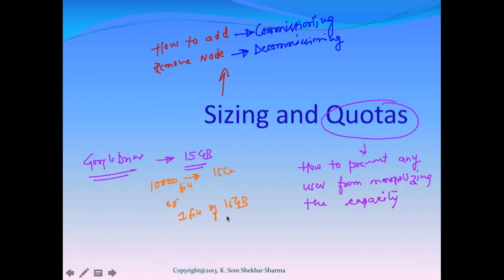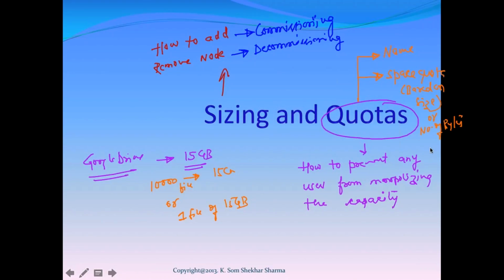Okay. So in these quotas, we will see two kinds of quotas. One is the name quota, and another is the space quota. The name itself says that the space quota will be based on the size, or the number of bytes you can store. That would be the most appropriate statement.